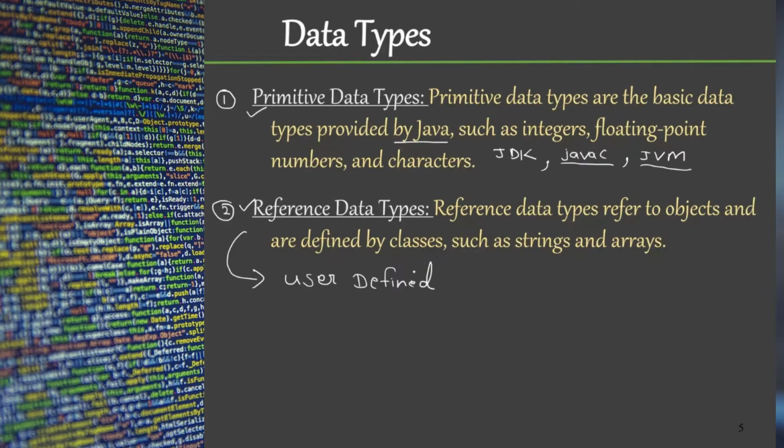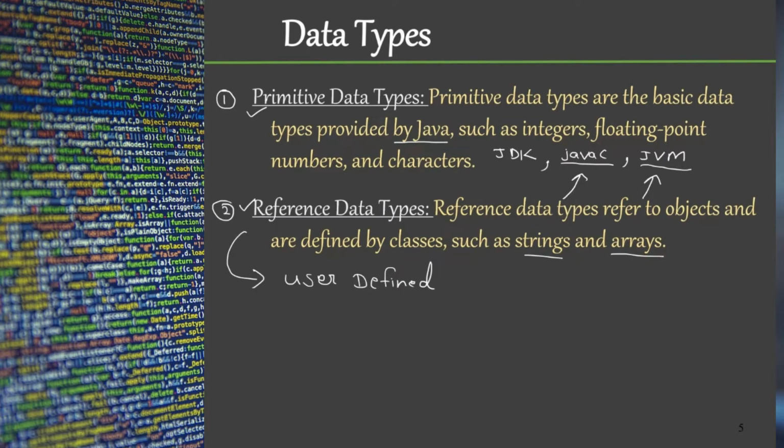Reference types are user defined data types, so they are not generally given by the Java compiler and JVM, but rather we as users define them and store them in libraries. One very special reference data type is String. Another very special user defined data type is Arrays. These two are reference data types. Moreover, there are many other kinds of reference data types that we will learn throughout our course.